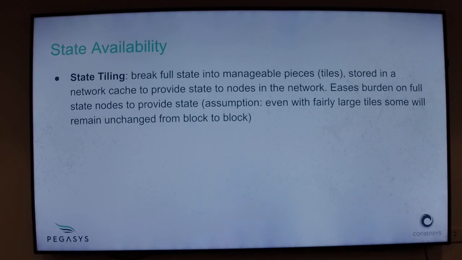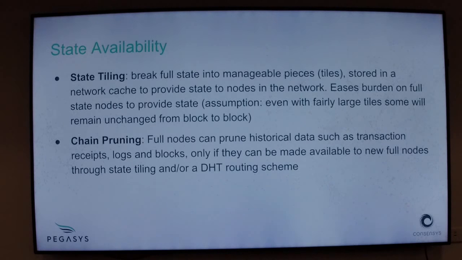State tiling, that is something that I think Geth uses. So you break the state into manageable pieces, which they refer to as tiles, stored in a network cache to provide state to the nodes in the network. And that then eases the burden on full state nodes to provide state. So the assumption is even with fairly large tiles, some will remain unchanged from block to block.